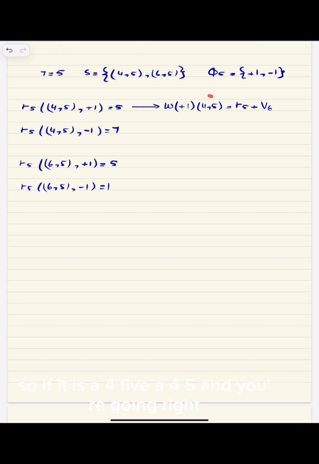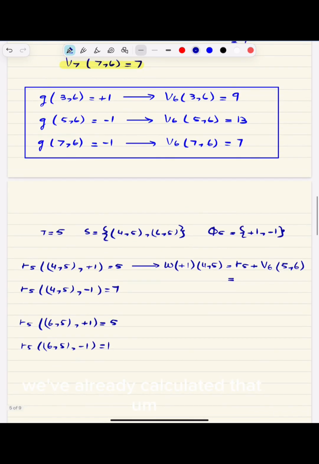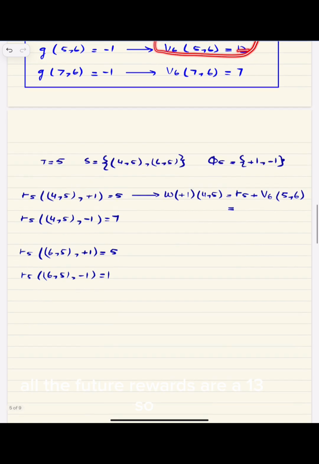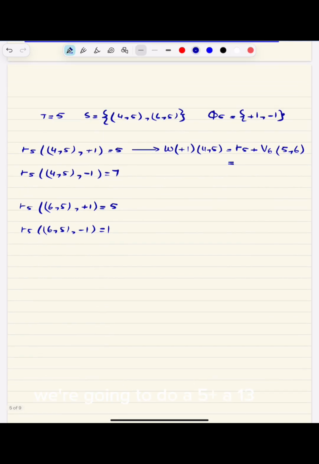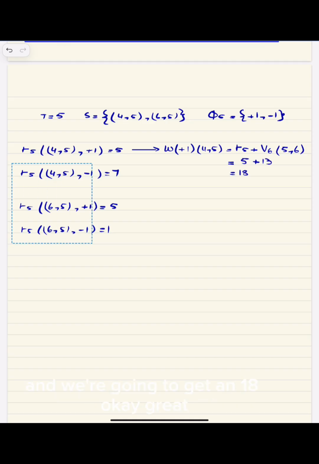If it is 4 5 and you're going right, then you're going to end up at 5 6. So what are all the future rewards for ending on 5 6? We've already calculated that. All the future rewards are a 13. So we're going to do a 5 plus a 13 and we're going to get an 18. Okay, great.